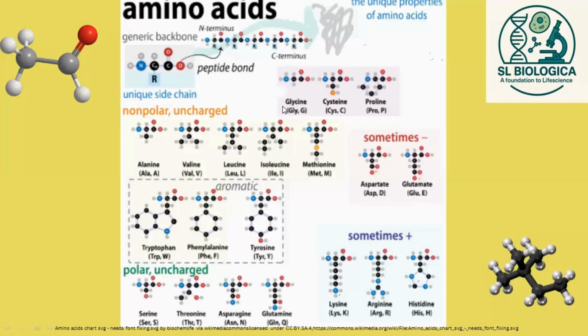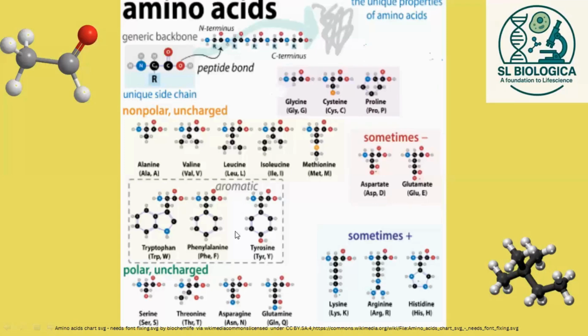So glycine here you can see GLY or capital G. Here we can see aspartate as ASP and it is also represented by one capital letter, capital D. So here we have to note these capital letters.